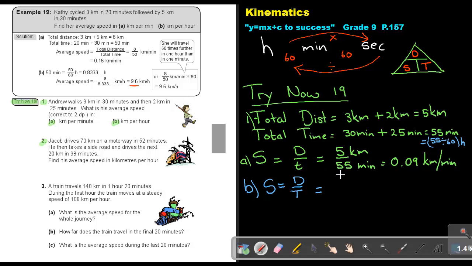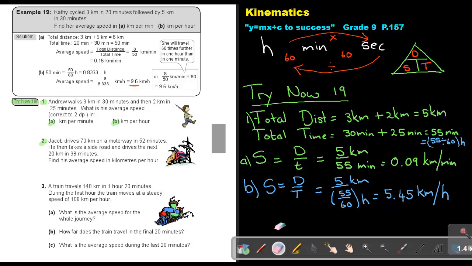So the distance stays the same, but just say 55 divide 60. And that is still my kilometers, and this is my hours, and my answer will be 5.45 kilometers per hour. And that's my final answer.